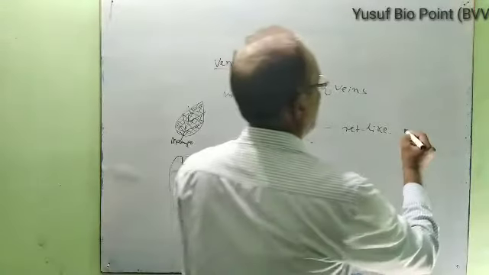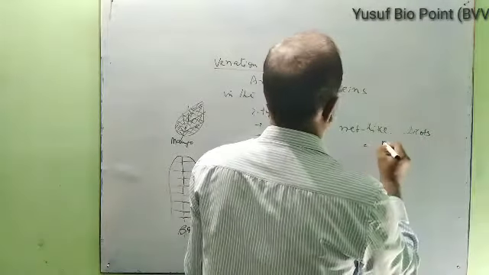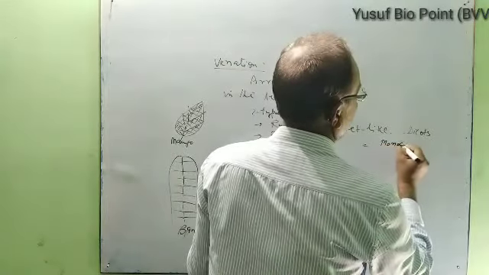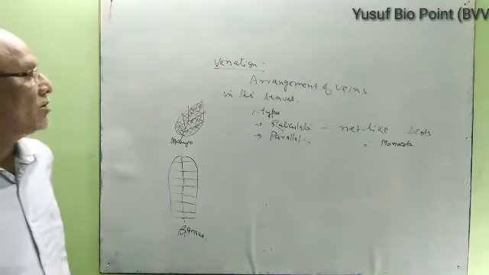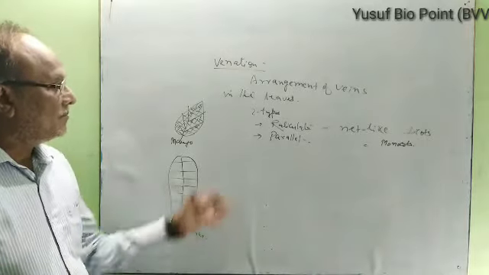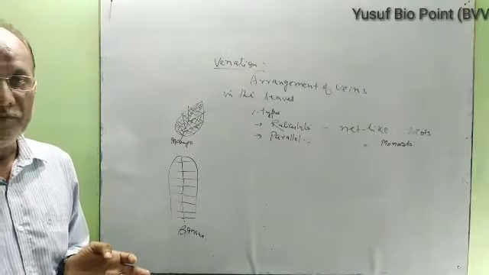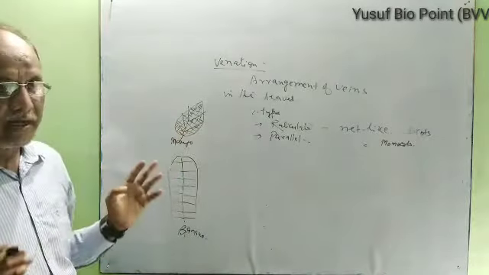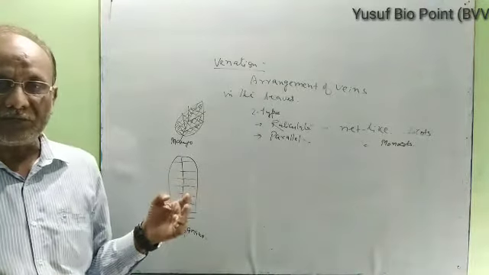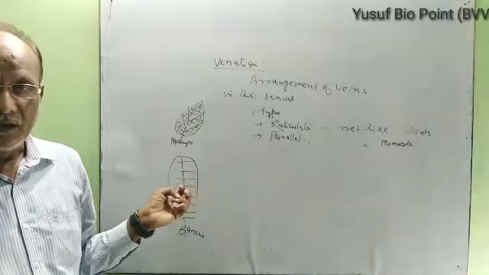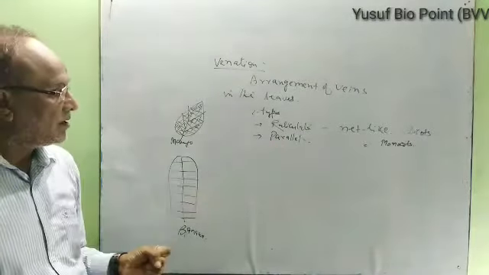These are found mainly in dicots, and this is found mainly in monocots. So the arrangement of veins, how the veins are arranged in the leaves, if they are in net-like fashion, that will be called reticulate, and if found parallel to each other, that is parallel fashion.